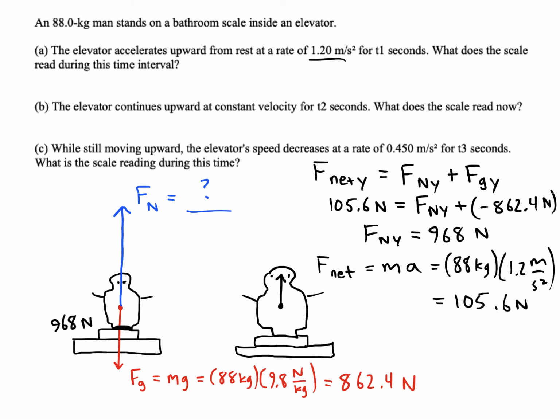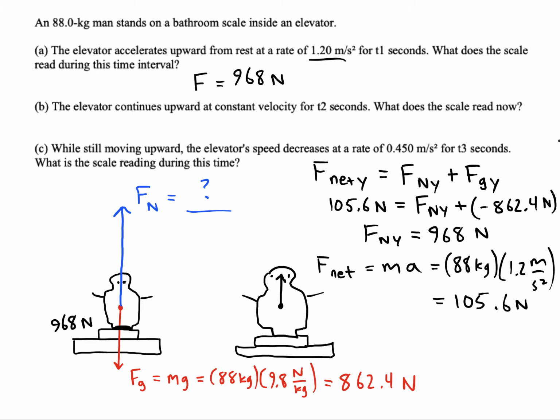The person's supposed to feel heavy at that time because they're being pushed upward more than normal. Normally when you're just sitting there on level ground and there's no acceleration, you just feel your own weight. But when you're being pushed upwards, you feel that heaviness. So it'd be like an apparent weight. Anyway, that answer is A.